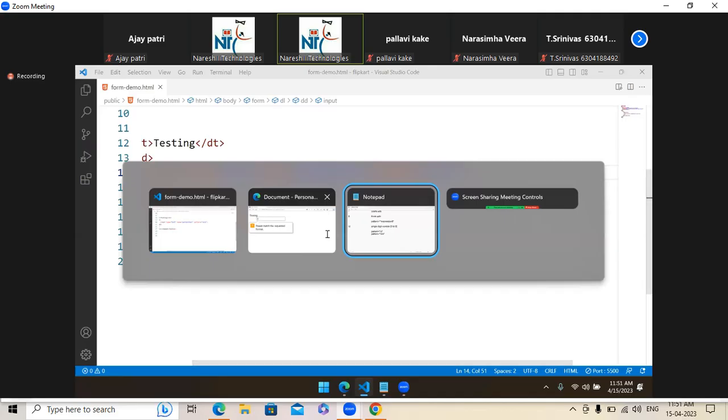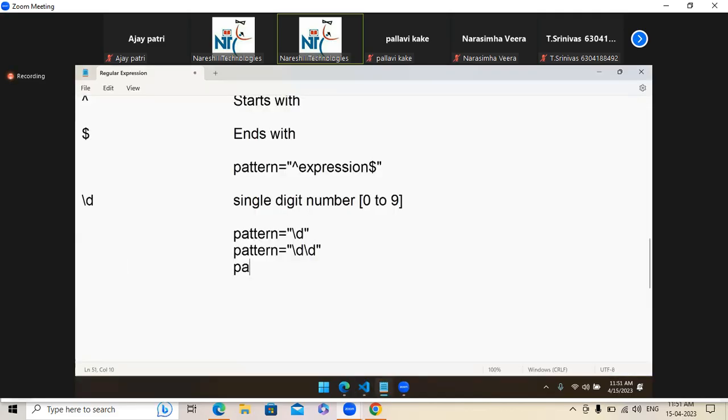Suppose now tell me, I want to allow one or two digits. /d/d is for what? Two digits. I can put a question mark. The question mark indicates this second character can occur 0 times or 1 time. That means without that it will work, with that it will work.